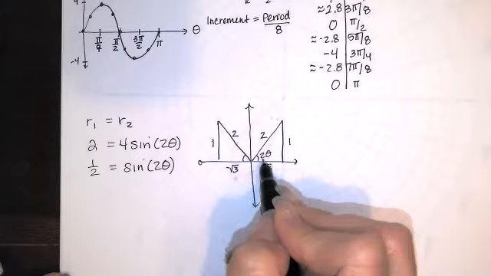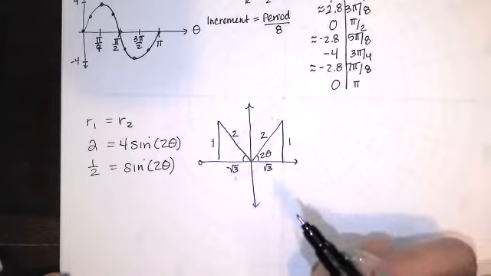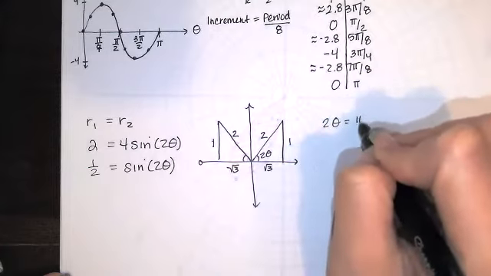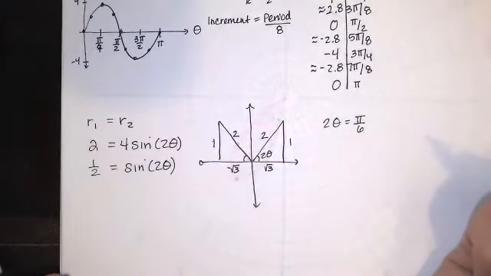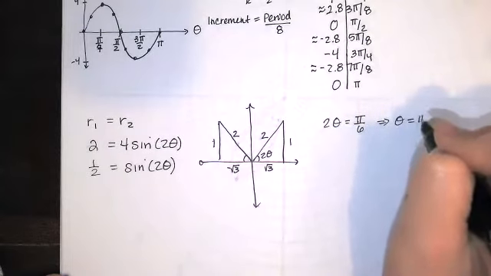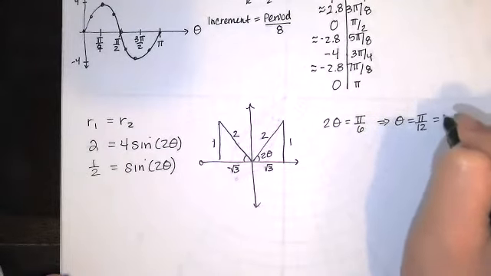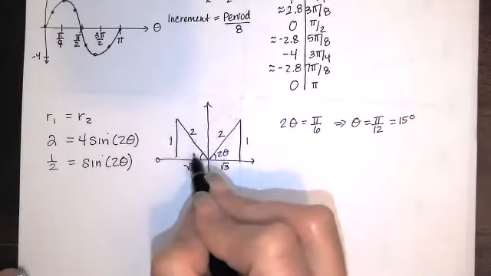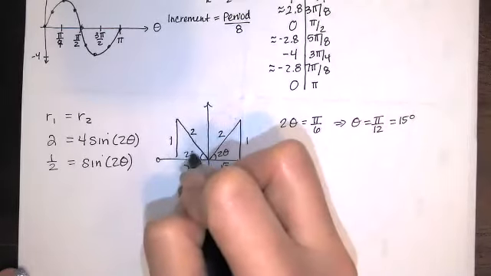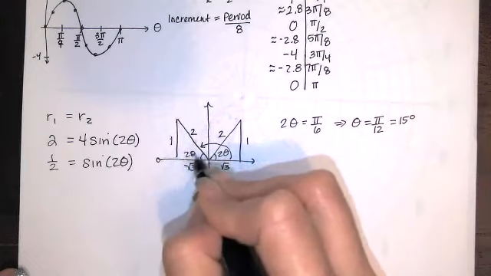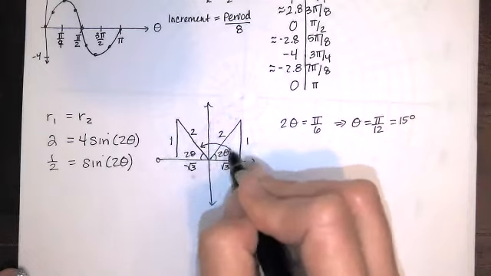Well, this angle in a 1, 2, square root of 3 triangle is the 30-degree angle, or the pi over 6 radians. So then I can divide both sides by 2, and I get theta equals pi over 12, which is 15 degrees. And then this reference angle of 2 theta over here corresponds to this angle.